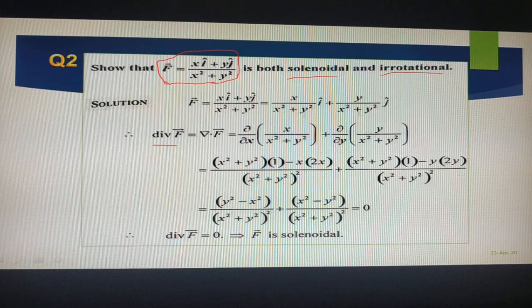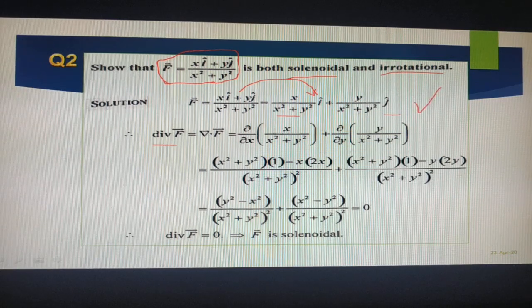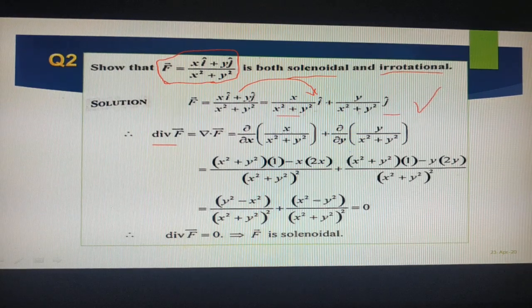Before that, please split this function as some component into i plus another component into j. It is in 2D. There is no third component in this vector field. Anyway, please split, then you go ahead.